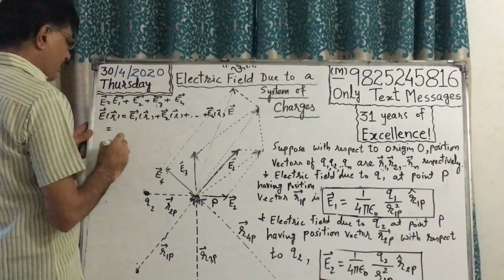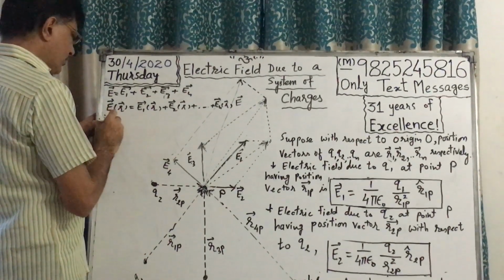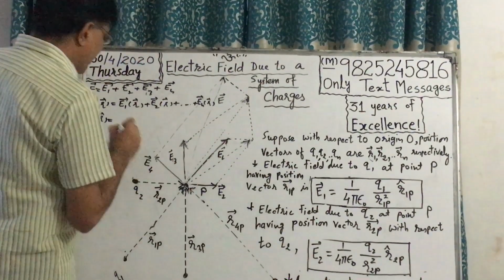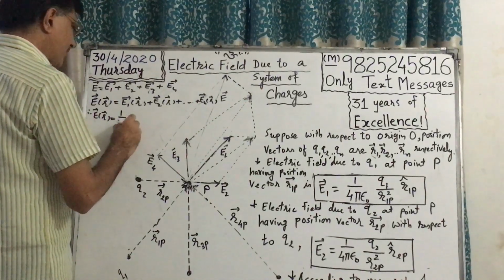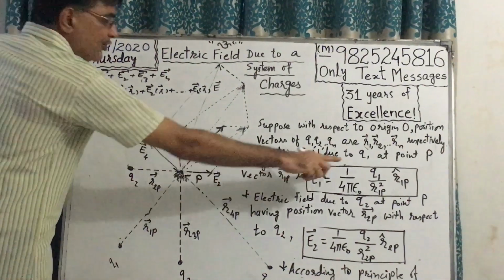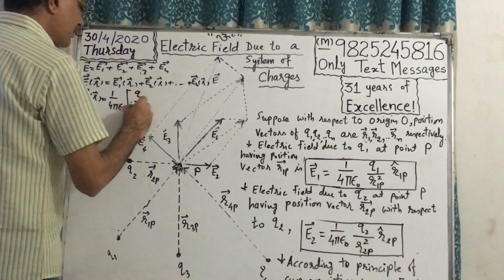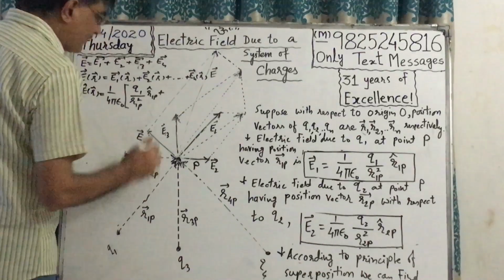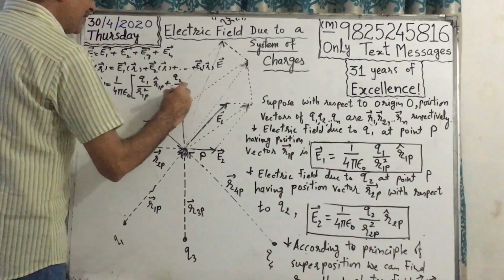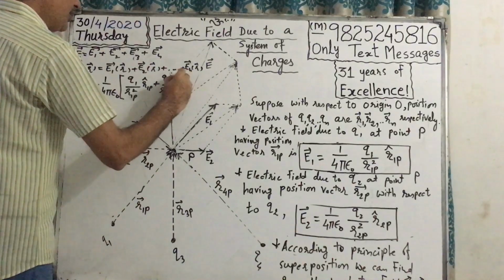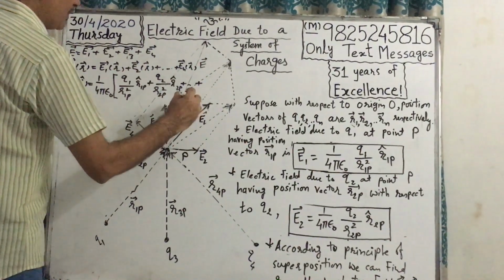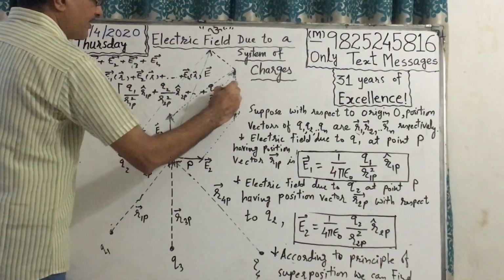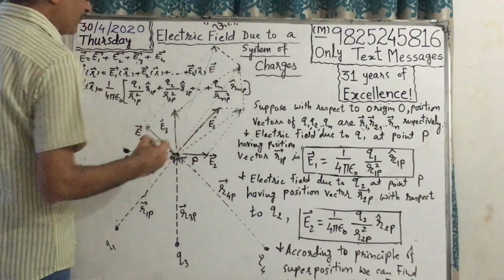Therefore E at R equals, now see, 1 upon 4 pi epsilon naught is common, so I write 1 upon 4 pi epsilon naught in brackets, Q1 upon R1P square into R1P cap plus Q2 upon R2P square into R2P cap plus so on up to Qn upon RnP square into RnP cap.